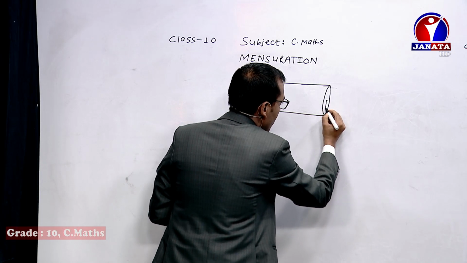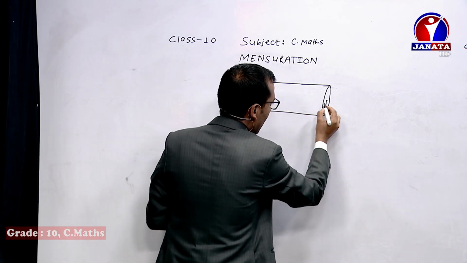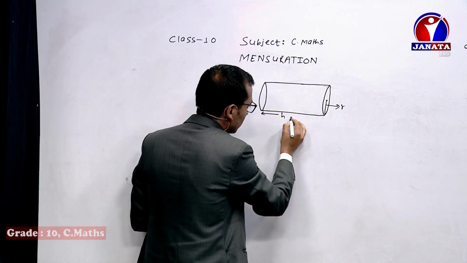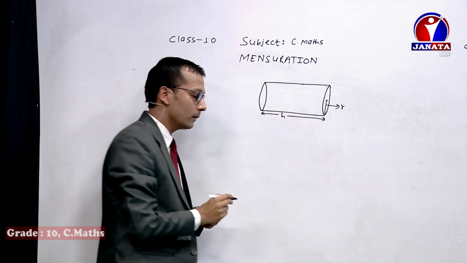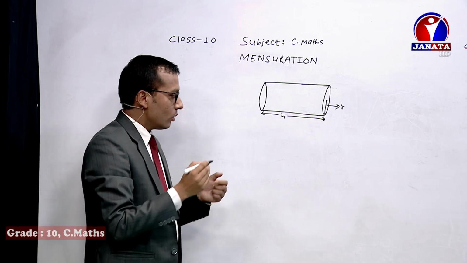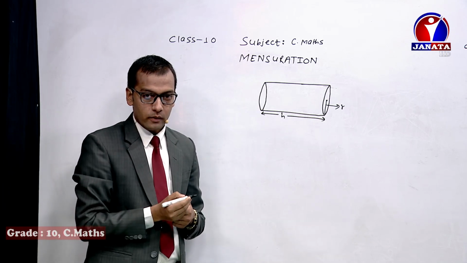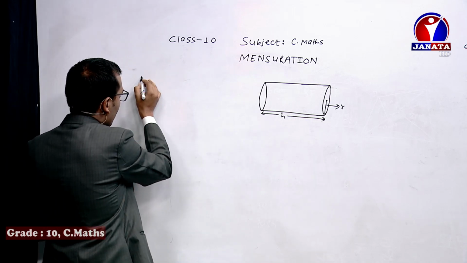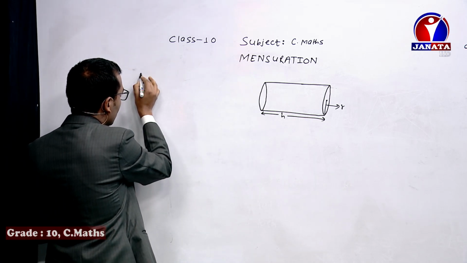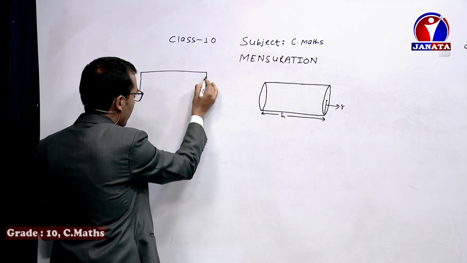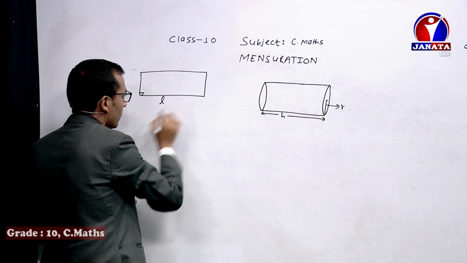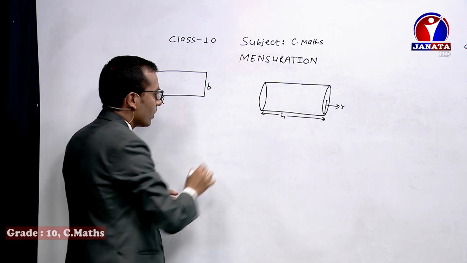So this is radius r, and this is height. I took the example of a rectangular piece of paper. Here, this is a rectangular piece of paper, and this one is length, this is breadth.